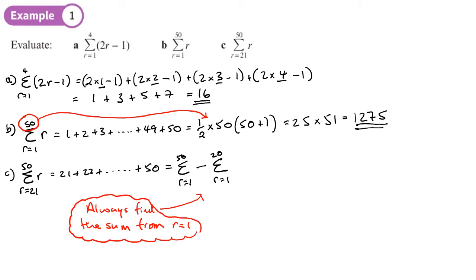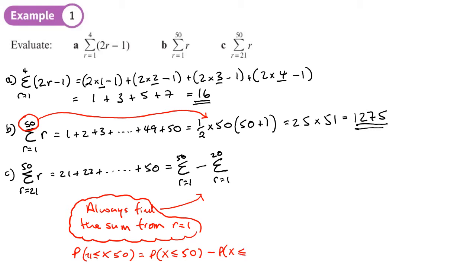A bit like when you do, if you had a question in binomial or Poisson and you wanted to find the probability from 21 to 50, then what would you do? You would find the probabilities up to 50, and then you take off the probability up to 20.